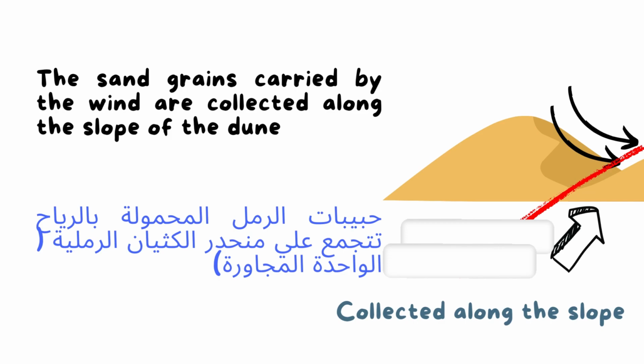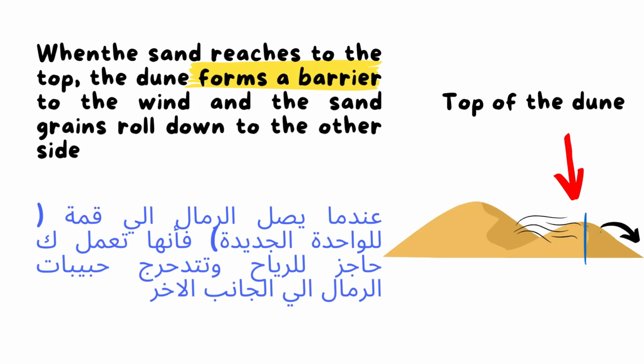So the sand grains carried by wind are collected along the slope of the dune. After that, what will happen? When the sand reaches the top of the dune, as you know, the dune is a curved shape, when they are collected on the slope and reach the top of this dune, what will happen?